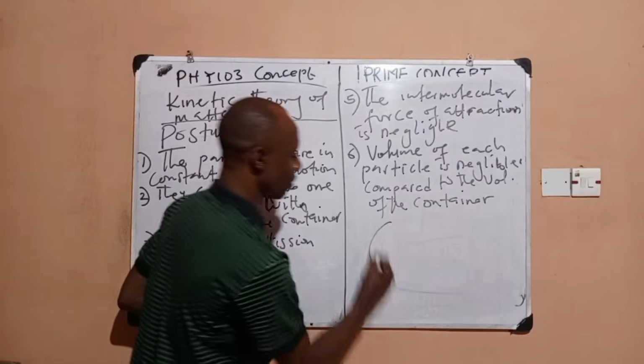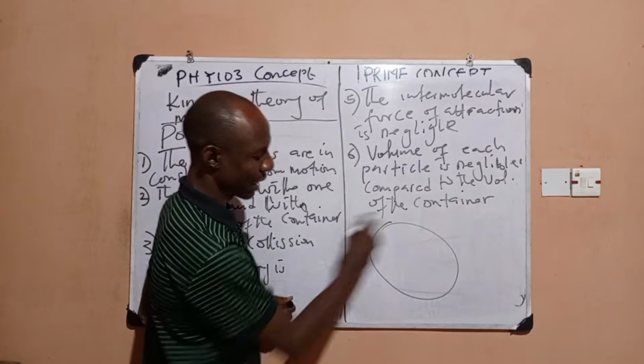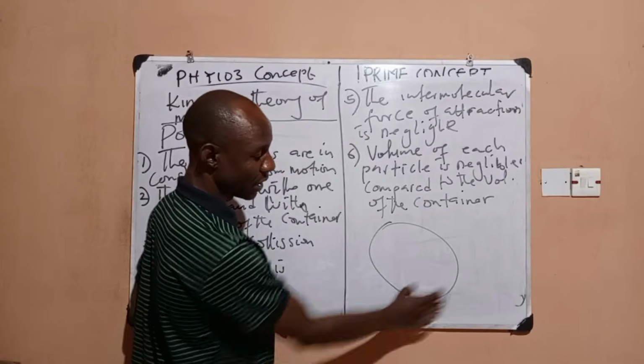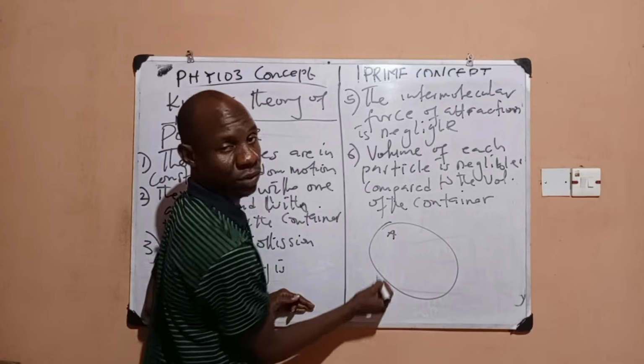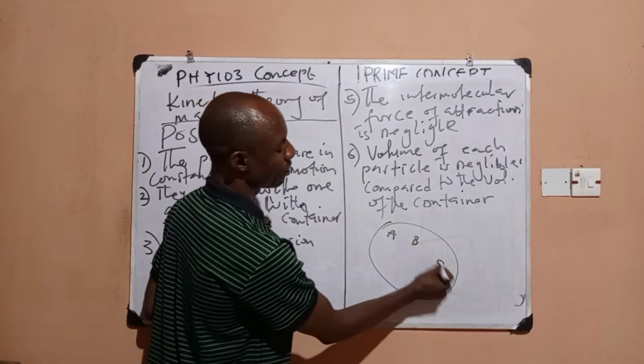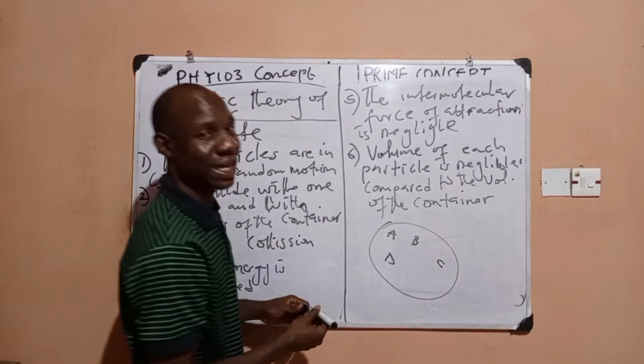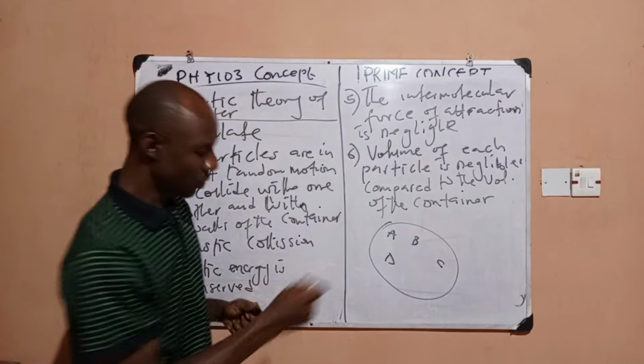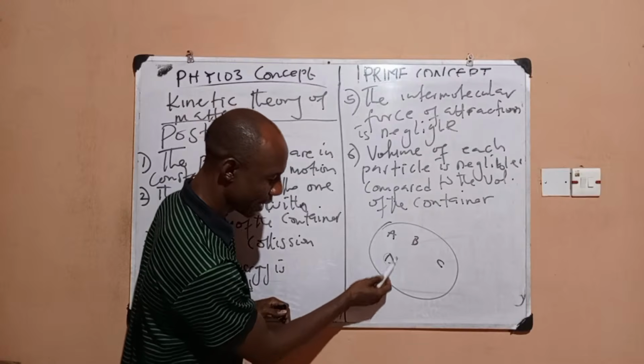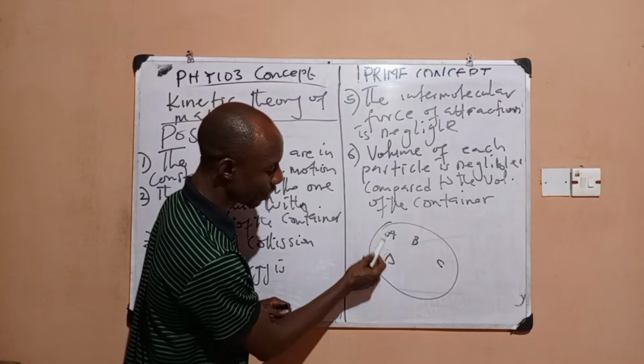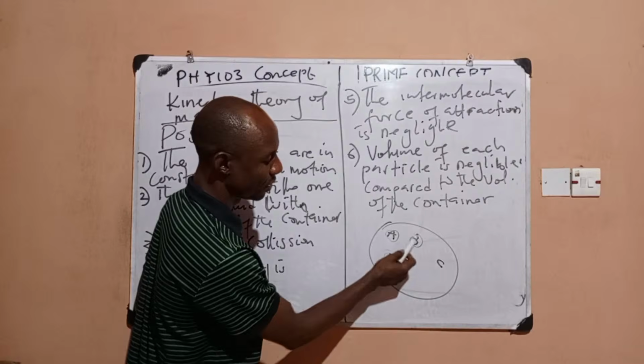Remember, if you have a container like this that is made of a gas, in this particular gas, you have particle A, you have particle B, you have particle C, you have particle D, and so on. What are we saying? Remember, D is actually occupying a particular space. B is occupying a particular space, and so on.